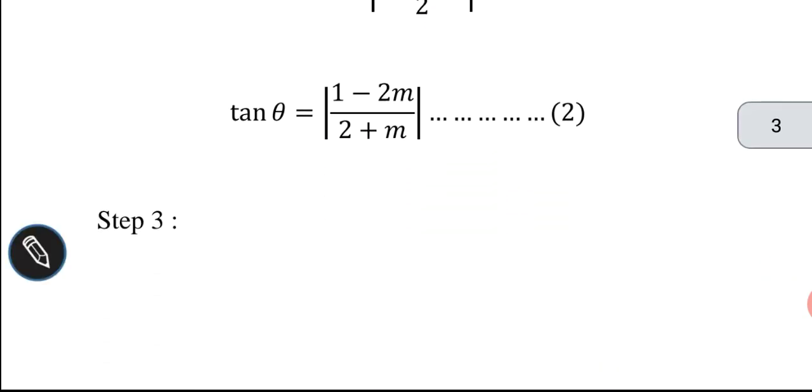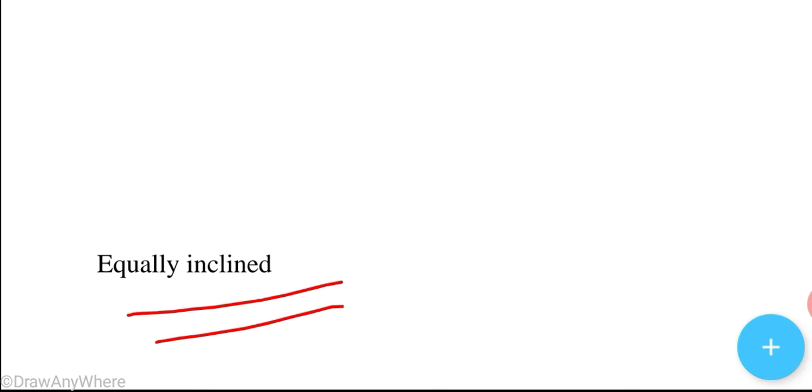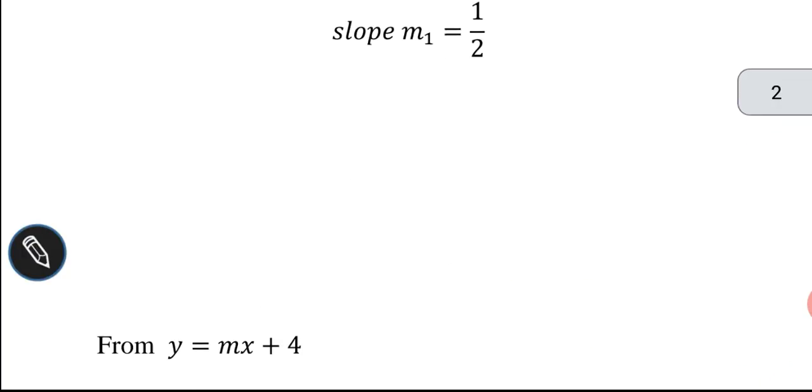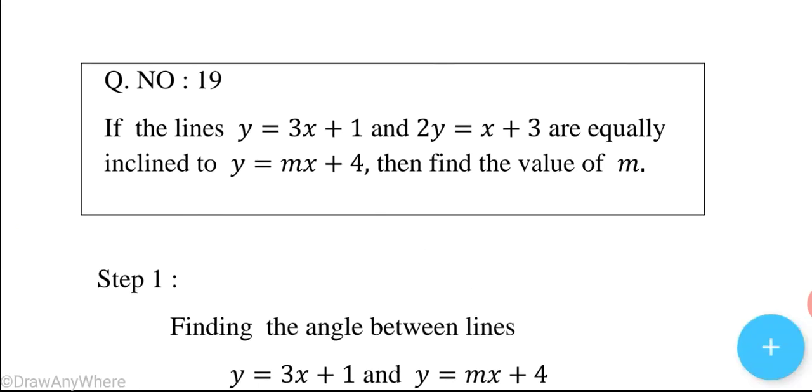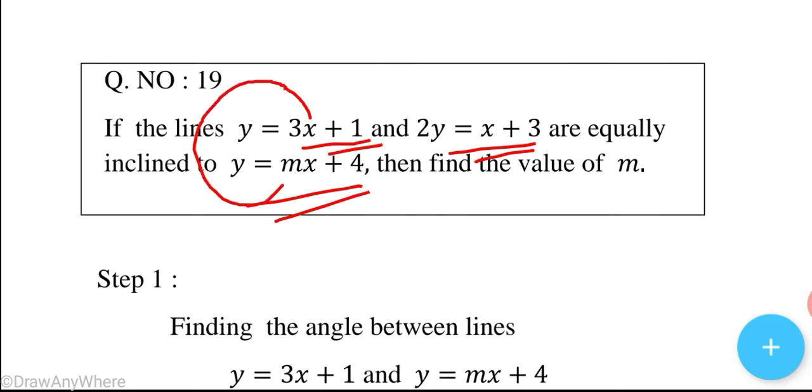So in this problem, it is said that the lines are equally inclined. If the lines y is equal to 3x plus 1 and 2y is equal to x plus 3 are equally inclined with the line y is equal to mx plus 4, it means the angle between y is equal to 3x plus 1 and y is equal to mx plus 4 will be equal to the angle between the lines 2y is equal to x plus 3 and y is equal to mx plus 4.